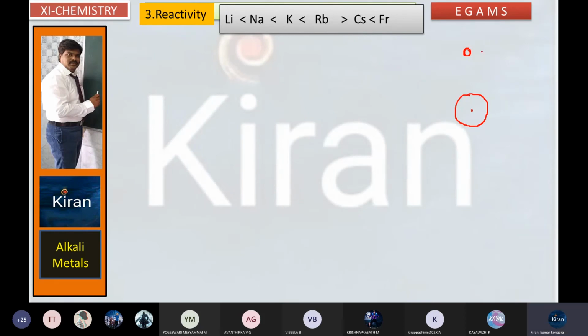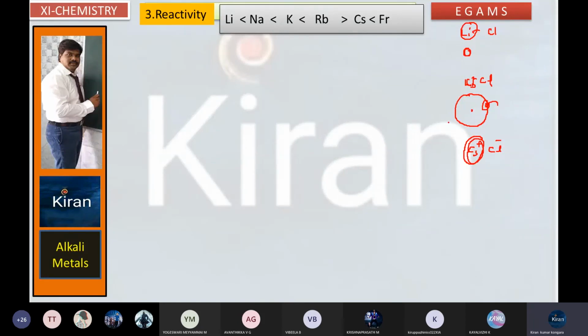When you want an ionic bond, for example, lithium chloride or cesium chloride, cesium will give its electron easily compared with lithium. Only by the transfer of electron will the ionic bond be formed. When the electron is transferred to chlorine, cesium is changed into cesium ion and chlorine is changed into chloride ion. Compared with lithium chloride, cesium chloride forms easily. It means its activity is high, its reactivity is high.